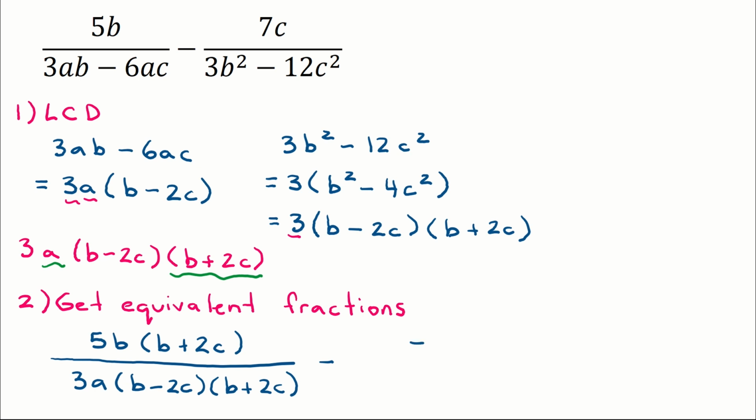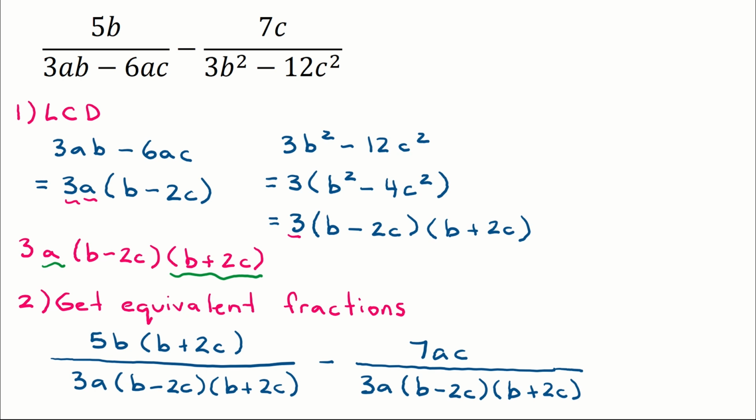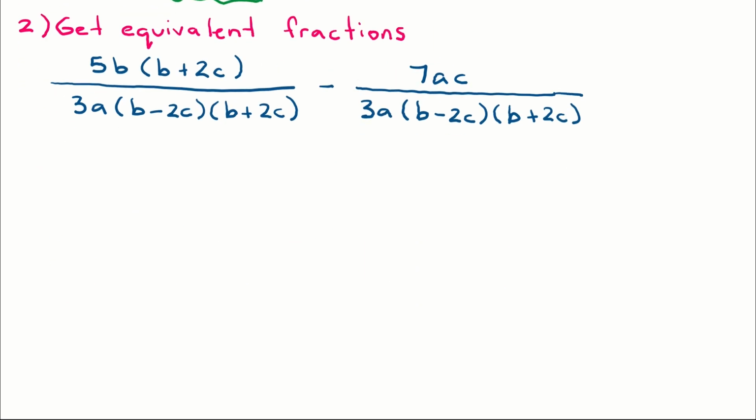So our numerator will now be 7ac, and our denominator will be the common denominator, 3a, b minus 2c, b plus 2c. Then we can go ahead and simplify and subtract.